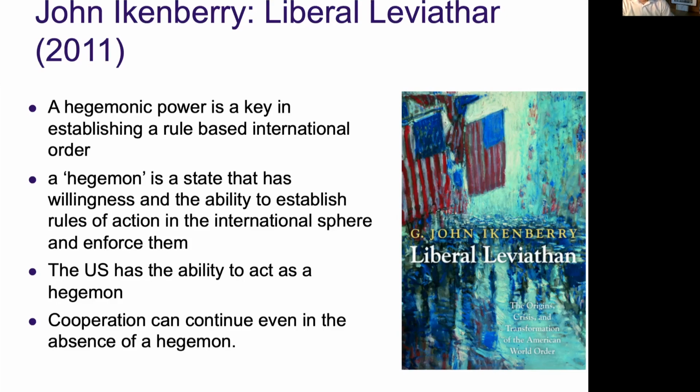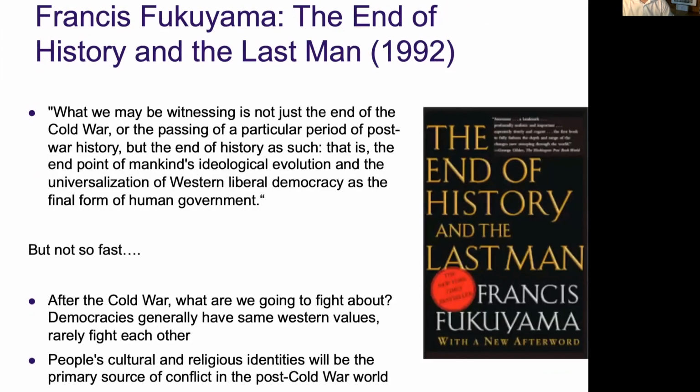If this is true, and we will discuss this in more detail in later classes, that means that the international liberal order created by the US as a hegemonic power would be capable of outliving the strength of the US and continue with different actors in the pole position or in many other positions. There are a lot of problems with this kind of thought, and I will go into this in a short while, but this should be the overview of John Ikenberry's ideas of a liberal Leviathan.